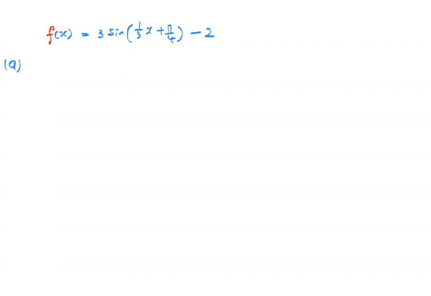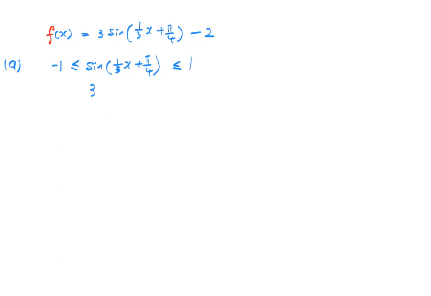When you want to find the range, that means the value of y or f(x), you always start with the true facts about sin and cos. The sine of an angle: highest will be 1, lowest will be -1.